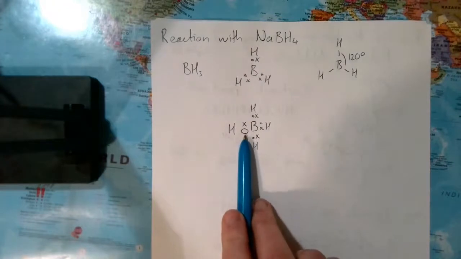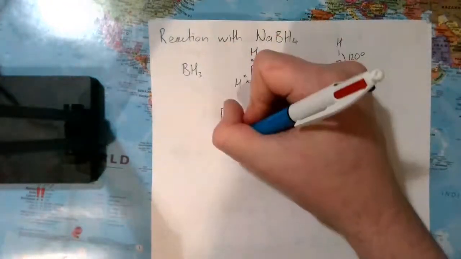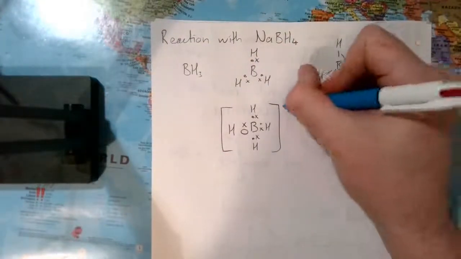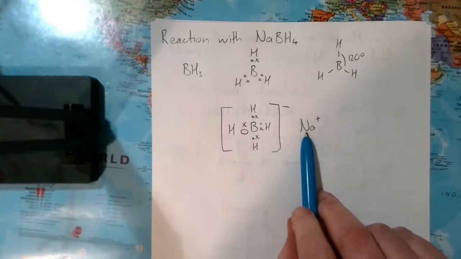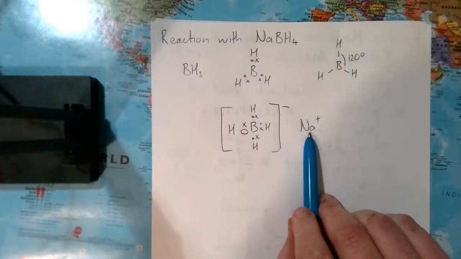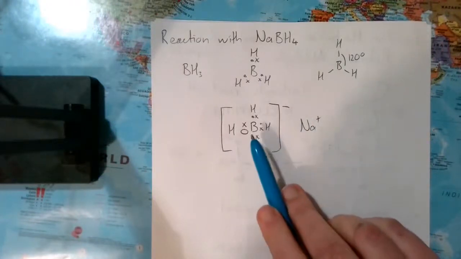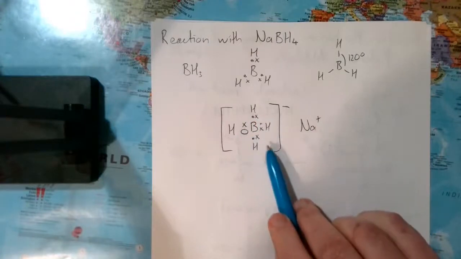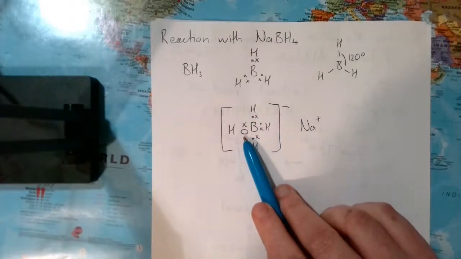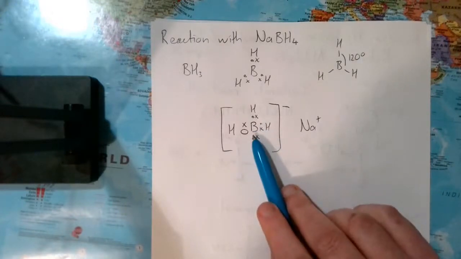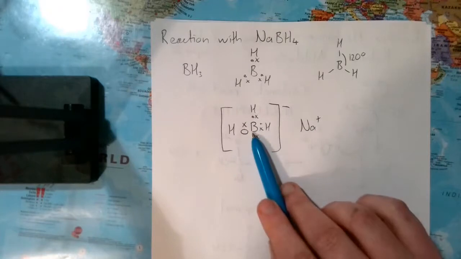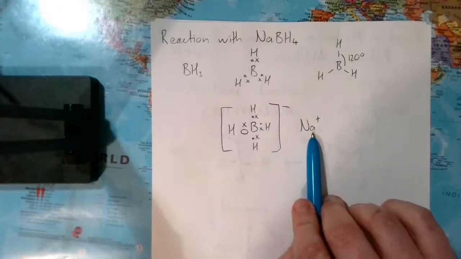And you can see I've drawn this final electron with a different symbol, because that is the electron that you could associate with the sodium. So you end up with an ionic compound that has a complex anion, where you've got 4 hydrogens bonded to the boron, so this will be 109.5 degrees and it's going to be tetrahedral, and then you have the sodium ion.